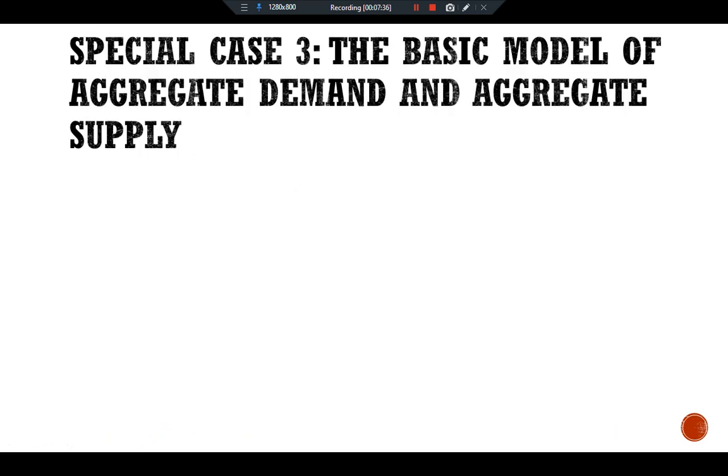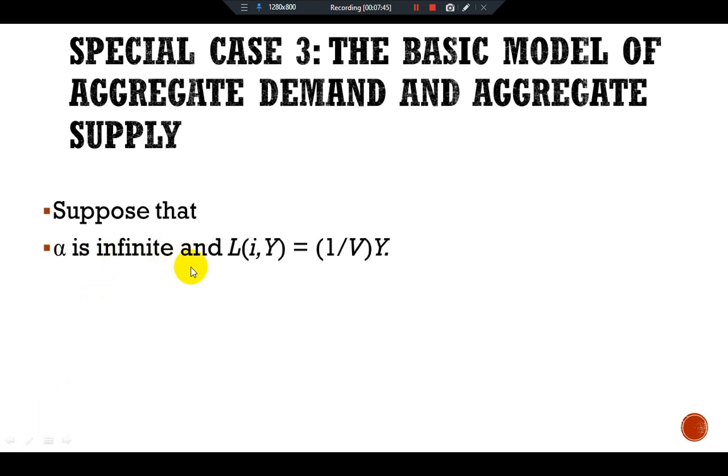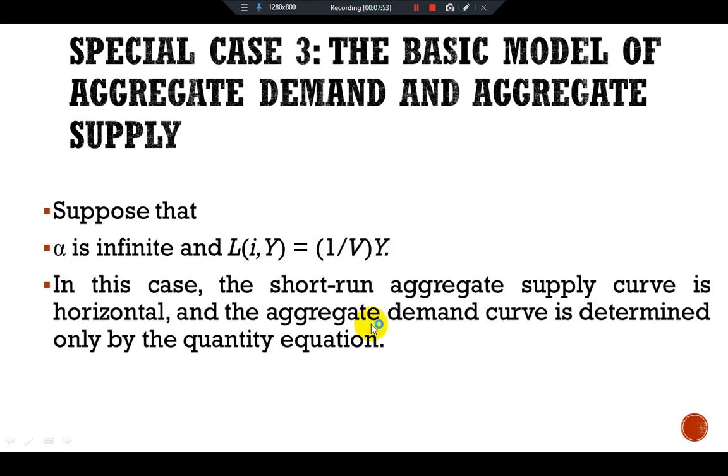Special case 3, the basic model of aggregate demand and aggregate supply. Suppose that α is infinite and L(i, Y) = Y/V. In this case, the short run aggregate supply curve is horizontal, and the aggregate demand curve is determined only by the quantity equation.